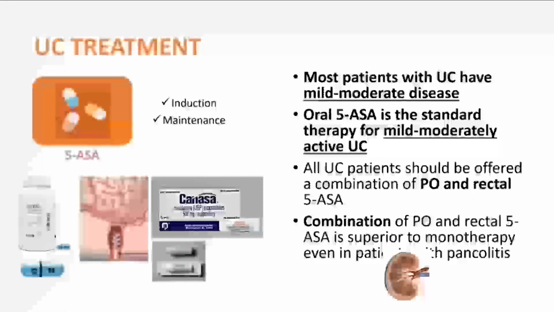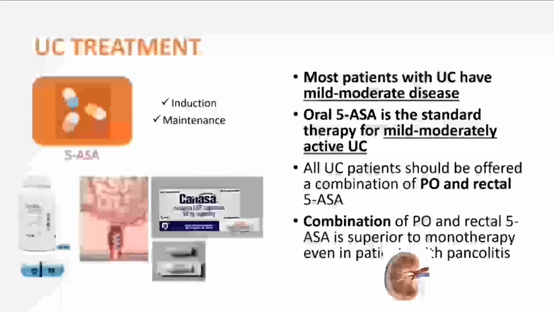So depending on what extension of disease you have, you can use a combination of oral 5-ASA products like oral mesalamine, and also there are different options as suppositories and enemas.